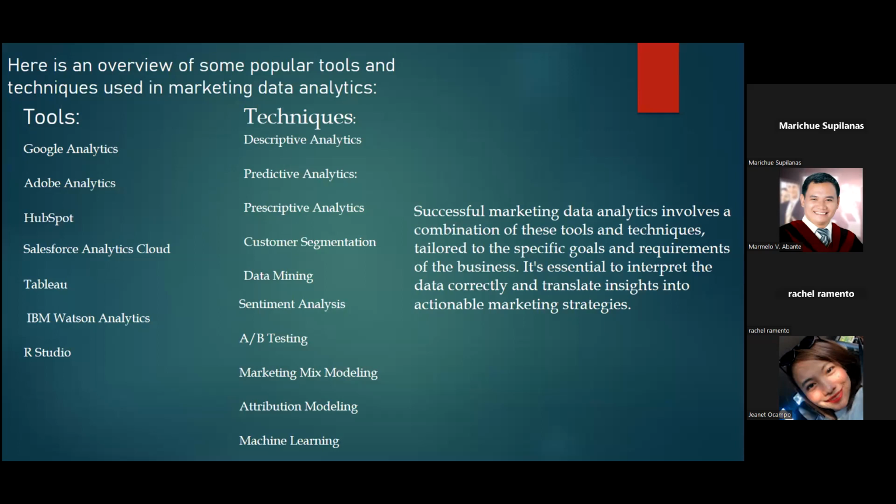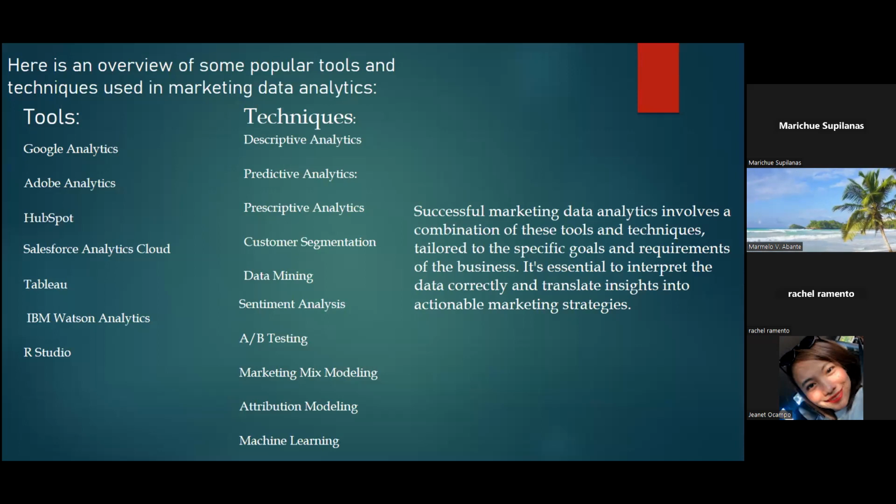Predictive models help in forecasting trends and customer behavior. Next is prescriptive analytics, which suggests actions to take based on predictive analytics outcomes. It provides recommendations on how to optimize marketing strategies for better results.